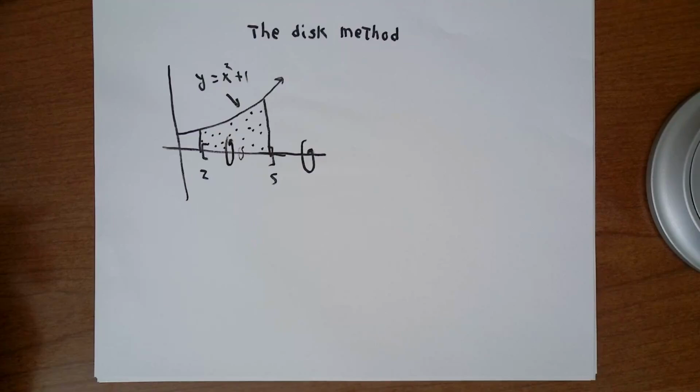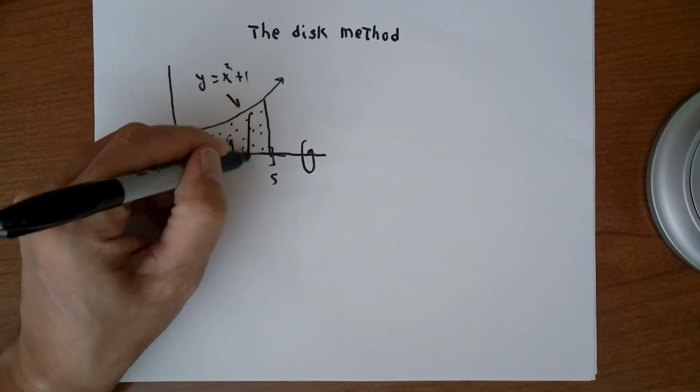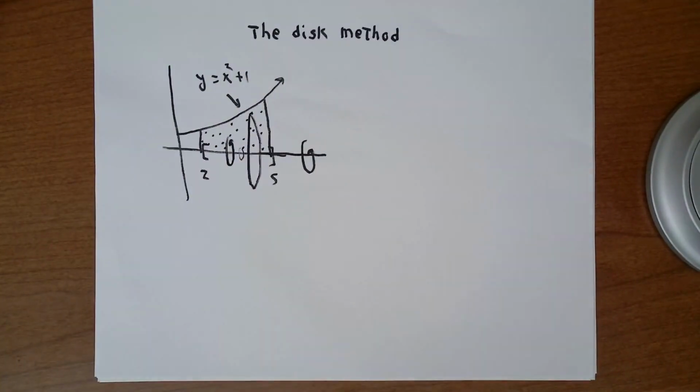That one goes around in a larger one. That one goes around in yet a larger one. Every point goes around in a circle. If I look at what happens to the entire region, then I get some sort of solid three-dimensional shape.